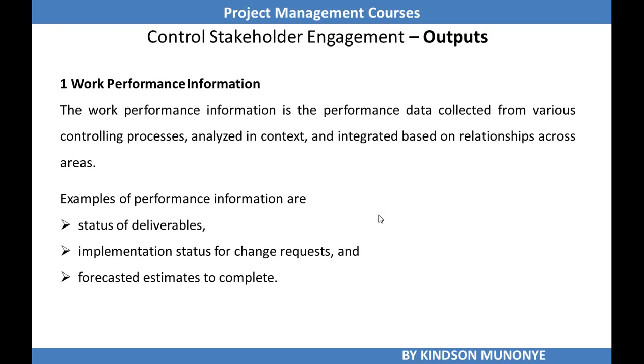Examples of work performance information include the status of deliverables, implementation status of change requests, and forecasted estimates to complete. Always remember, forecasted estimates are part of work performance information.